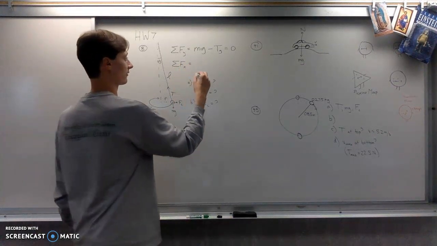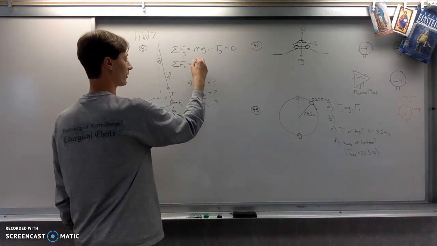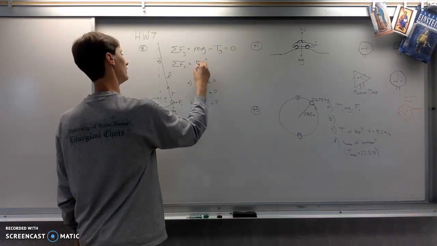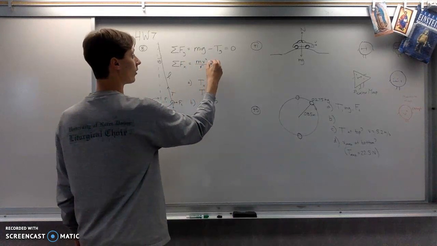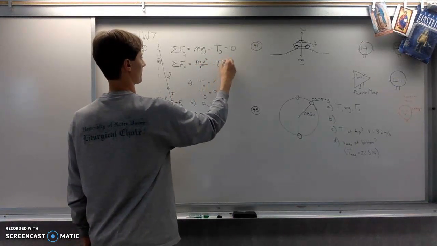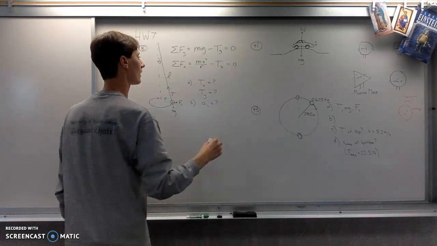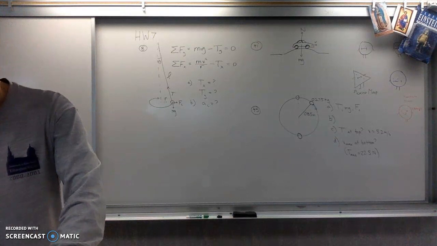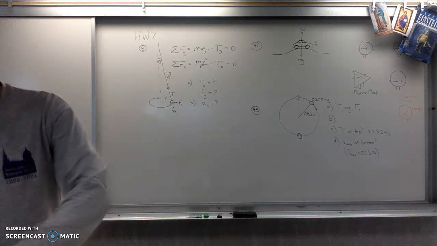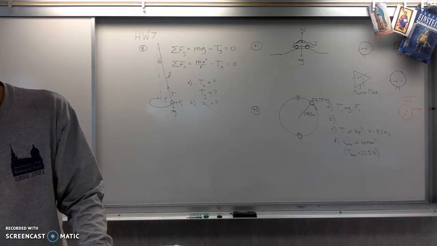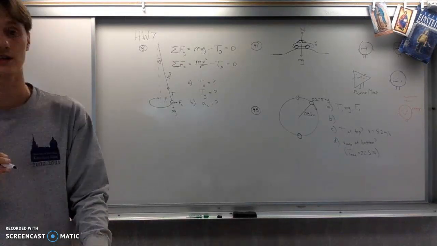For the x forces, we have the centrifugal force, so mv squared over r, and then the horizontal component of the tension. To get that one, we've got to plug in the speed that they give us, which is... they don't actually tell you the speed.